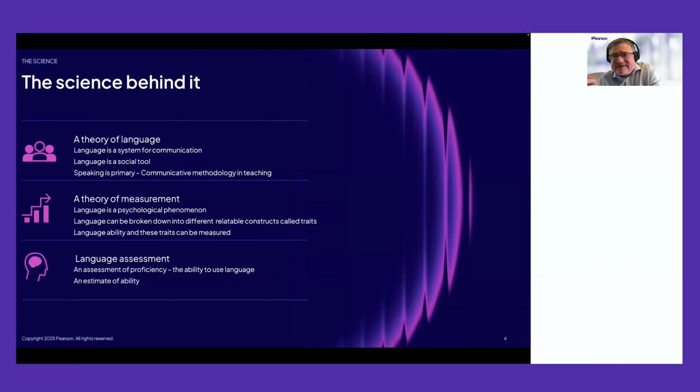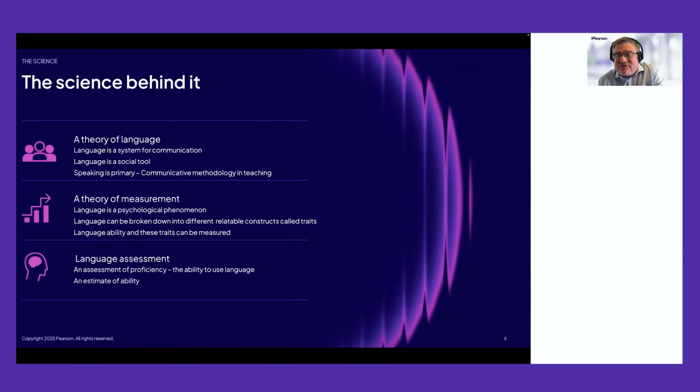Okay, so what are those? I've got it on this slide. What are those traits? What are those individual elements of language that allow us to measure how well a person can actually function in the language? The fundamental principle, which I'm sure linguists and others will debate, is that these abilities can be measured.